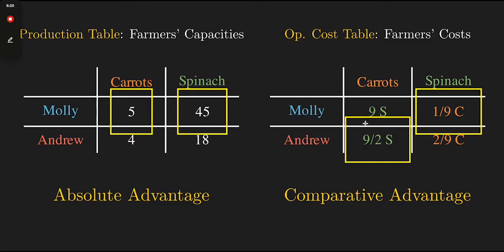Molly gives up 9 units of spinach for every unit of carrots she decides to grow. She has to give up that space on her land that she would have devoted to growing spinach, where Andrew gives up 9/2 units of spinach. So Andrew gives up less spinach for every unit of carrots he decides to grow. So we say Andrew has the comparative advantage in growing carrots.